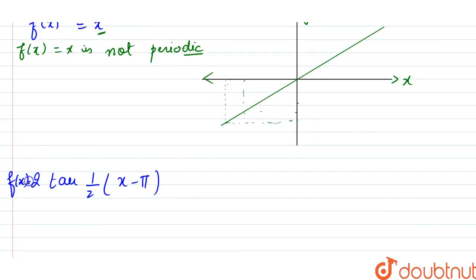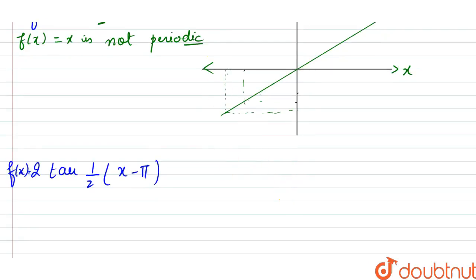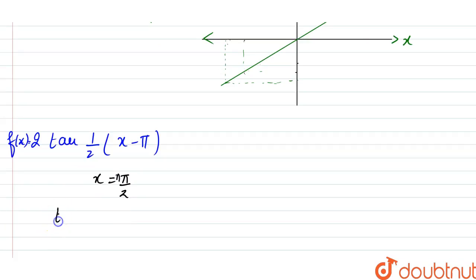We know about the graph of the tan function that when x is pi by 2, or we can say when x is n pi by 2, then tan x becomes not defined.